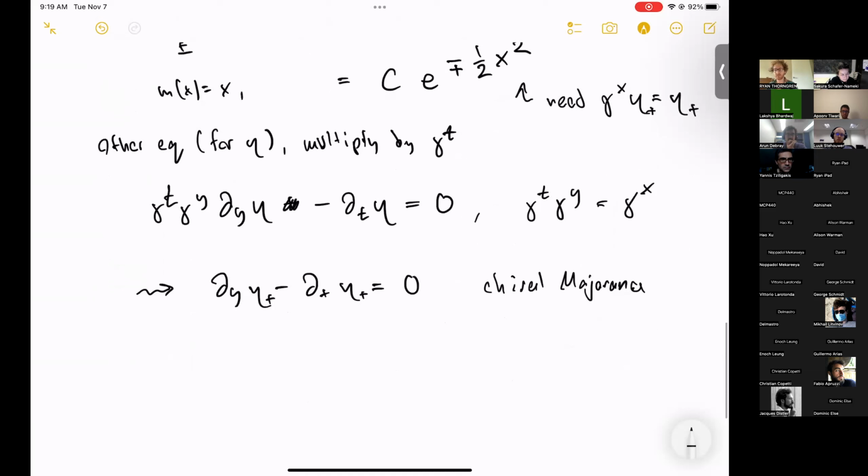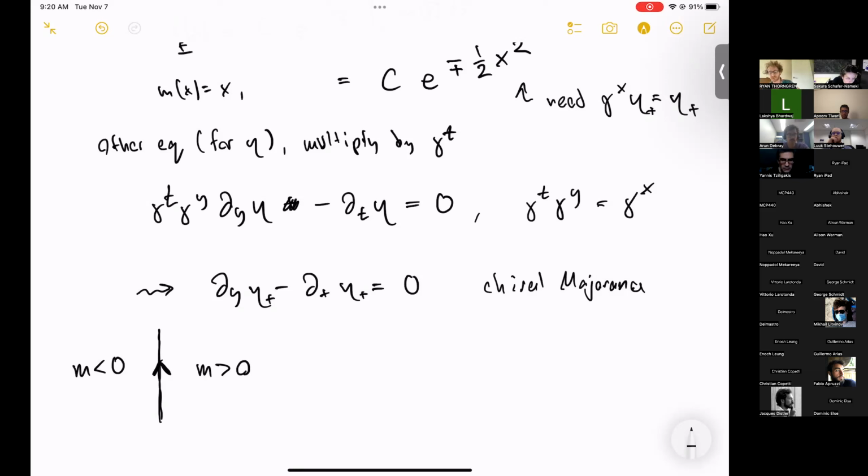So the situation we have, I'll draw it again. I'll draw the full space picture. So we have some region where m is positive, some region where m is negative, and along the domain wall we have a chiral fermion. So these are the sorts of modes we're interested in. This is an anomalous mode because it's chiral.